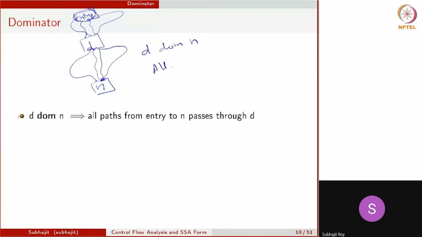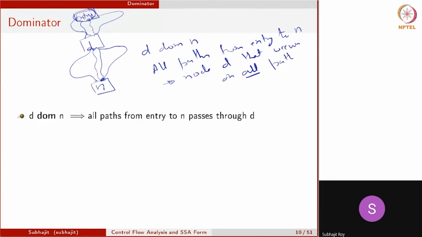So we take all paths from entry to the basic block N, and if there is a node D that occurs on all such paths, then I would say that D dominates N. Are we sort of clear? At least you got the mental picture of what this is doing.